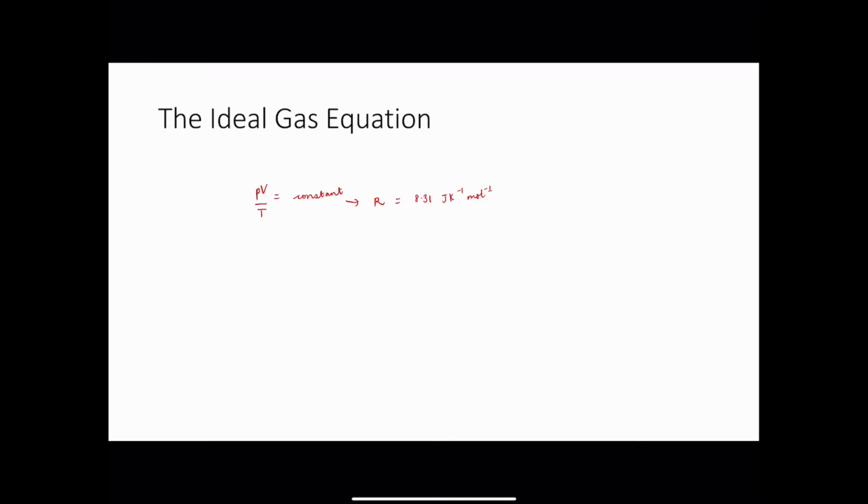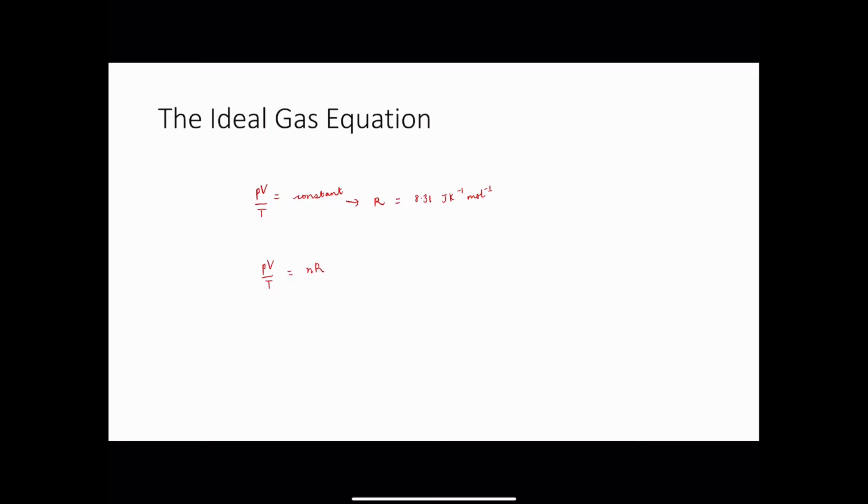The amount of gas is measured in moles, so the constant in the equation above becomes nR, where n is the number of moles of gas present. So we can rewrite our combined pressure equation: PV over T is equal to our number of moles multiplied by our molar gas constant.